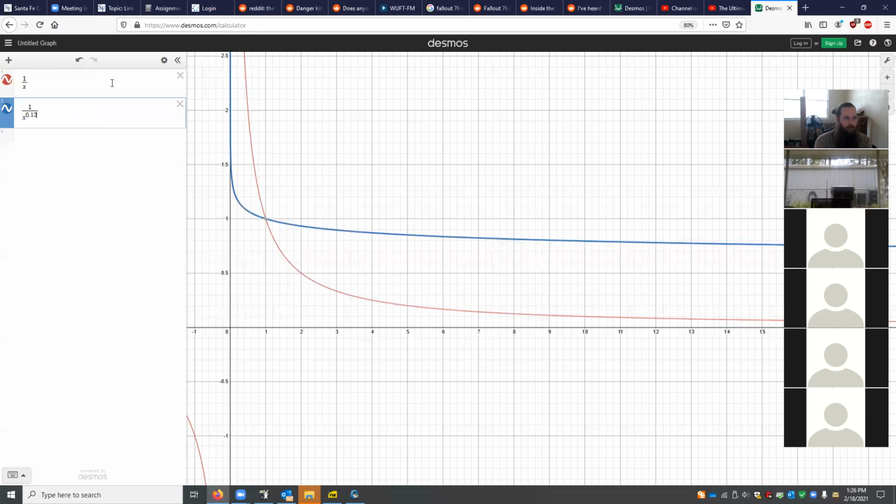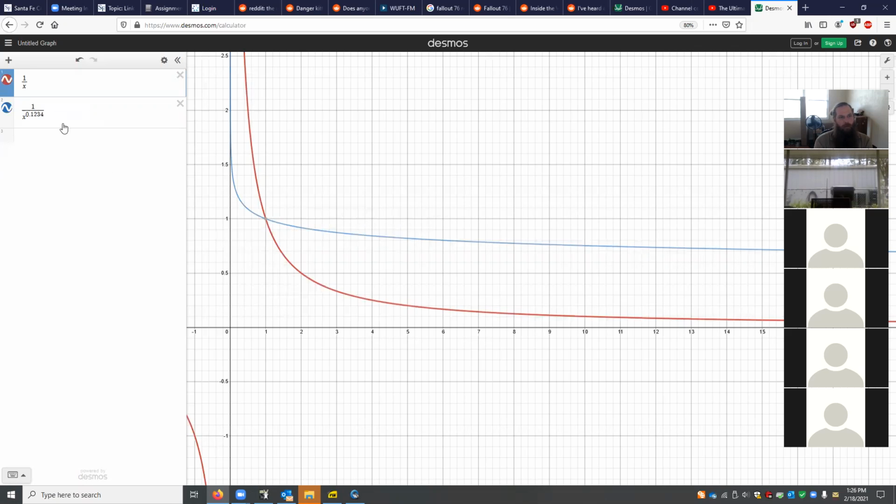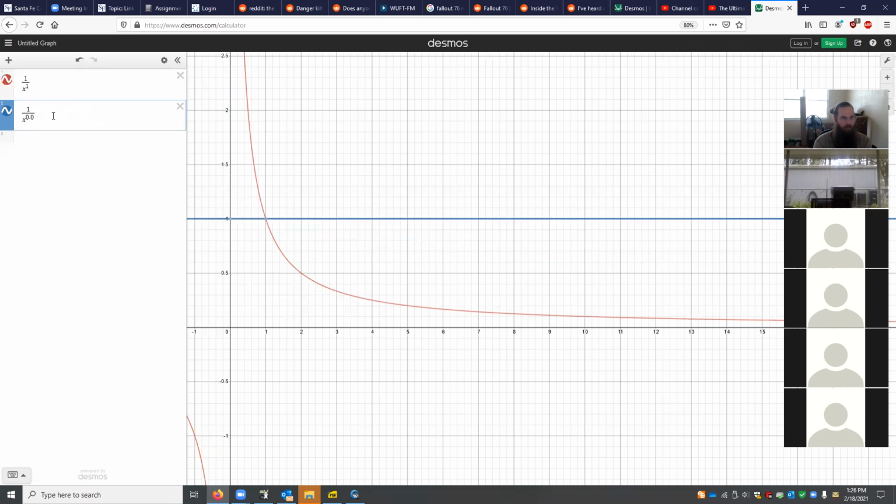So the blue function is bigger than the red function because the power here is smaller than the power here. Even if the power here is just a little bit smaller, you'll see the blue is above the red.